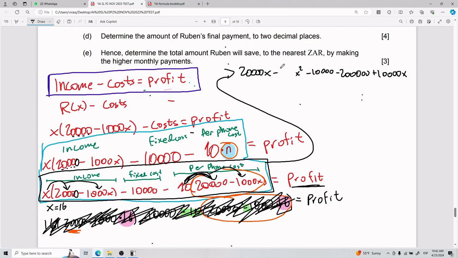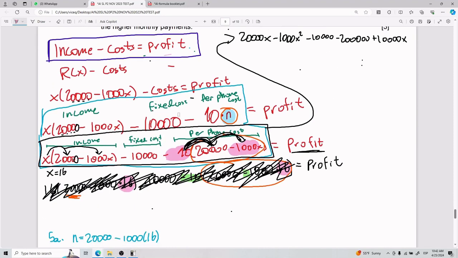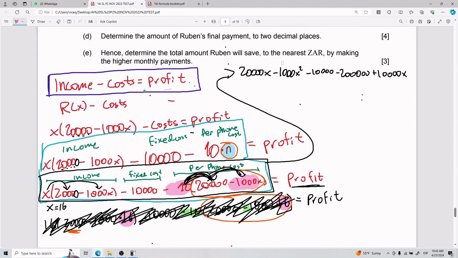No, I'm fine. I haven't said anything. I was looking at the wrong side. I'm sorry. But still, this would be plus 10,000x because it's a negative 10 times a negative 1,000. So negative times negative gives positive. Sorry, guys. I think I'm not very concentrated this week in general.